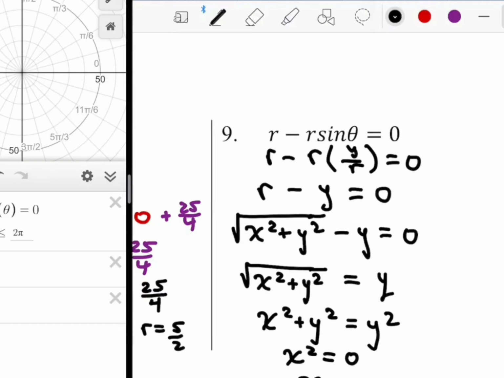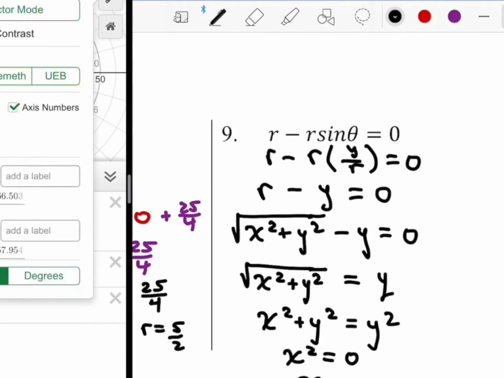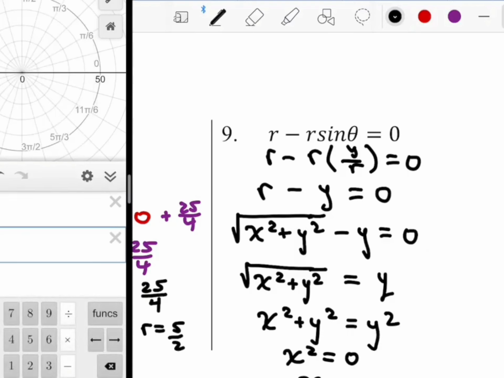So there's a couple of things that could be going on. One, it just could be overlaying with the y-axis, so it's just not visible. The other thing is Desmos just might have a problem graphing vertical lines in polar coordinates. I didn't think it did, but you never know. So what I'll do is turn off the y-axis here and see what the story is. It's still not showing up, but it should.